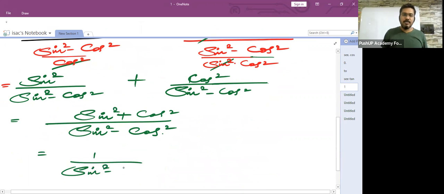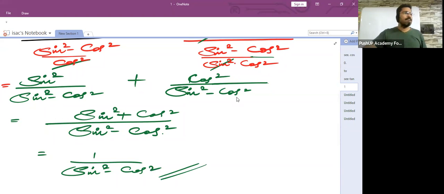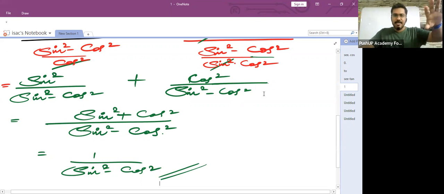So 1 upon sine square minus cos square. All right. Children, did you all understand? We did it perfectly. Just that the question was wrong. Instead of minus, it was plus sign. So once you got plus sign, sine square plus cos square became 1, isn't it? Yeah.